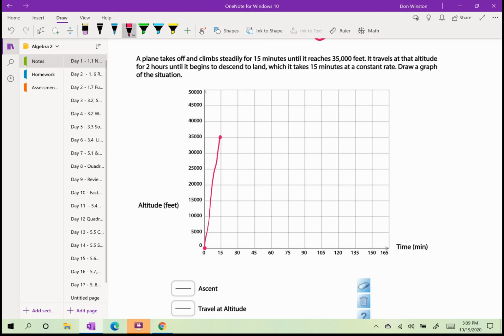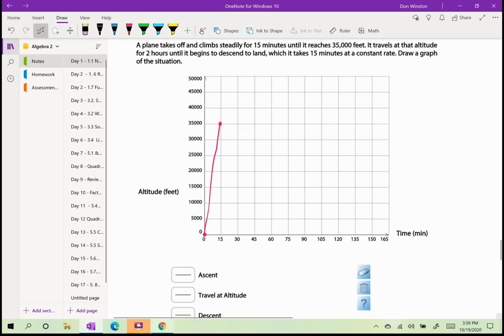And then you would click travel at altitude. It travels at that altitude for 2 hours. So you click this line here, travel at altitude, and place a marker there. This is going to be for 2 hours, right? And so 120 and 15 would be 135. So you place a marker and go all the way to 135.